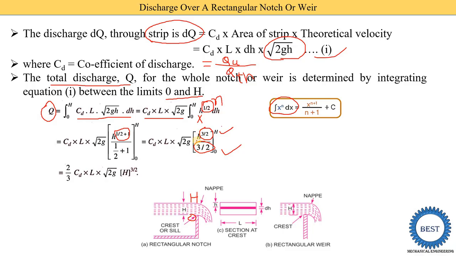The remaining part is h raised to 3 by 2 with the boundary of capital H and 0. First we replace small h by capital H, so capital H raised to 3 by 2, minus 0. Zero power is 0, so we do not need to write it. This is our final equation of Q, and this equation is used to solve numericals of discharge over a rectangular notch or weir.